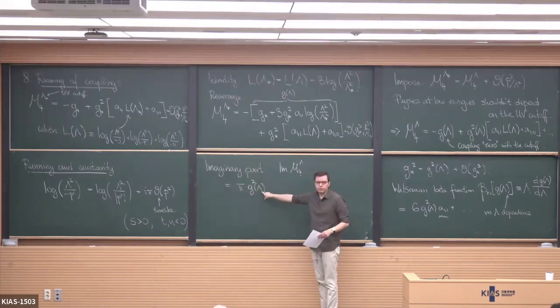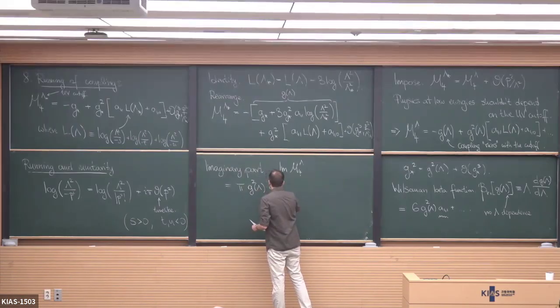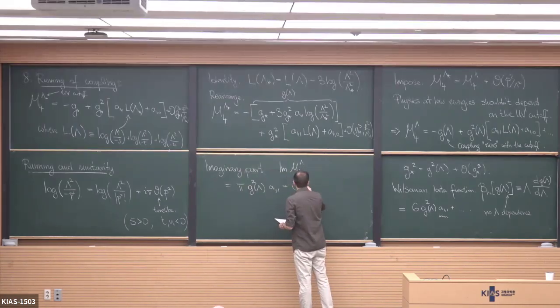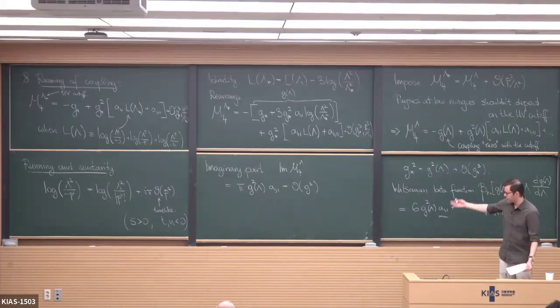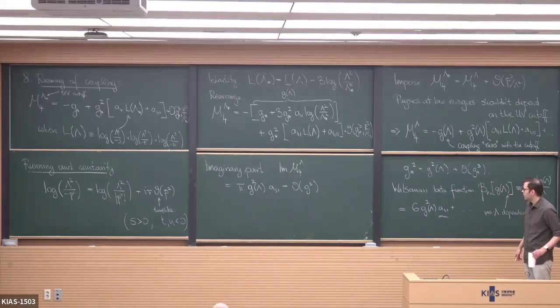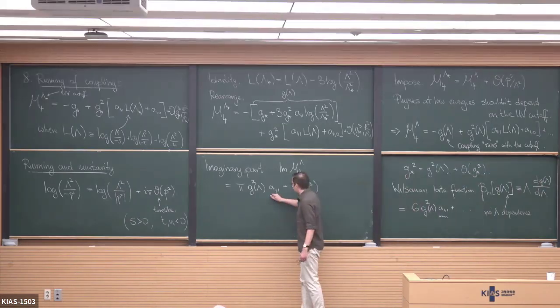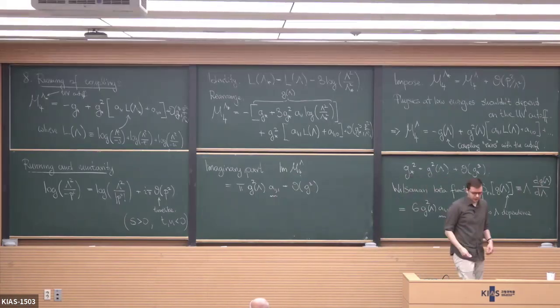Using my favorite identity, I'm going to trade it for g lambda squared, and then the coefficient, which is A11, plus corrections. Okay, you see, this is why we went through all this hassle. You see that the Wilsonian beta function was sensitive to A11, or was governed by A11, and the same A11 appears in the imaginary part of the amplitude. Okay, so that's a very interesting connection.